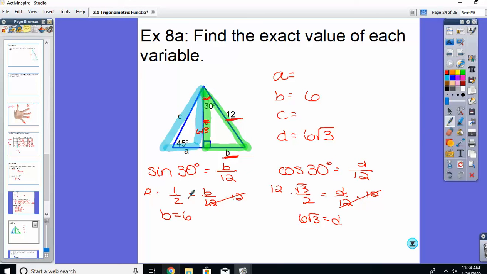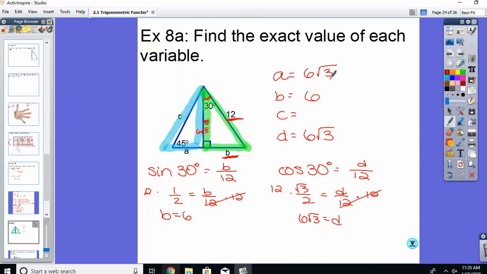My picture is not drawn to scale. If this is 90 and this is 45, what's that angle? 45. If two angles are the same, so are your sides. So if this is 6 radical 3, A would have to be 6 radical 3. Now you could certainly get it by setting up a trig function, but that does save us some trouble.